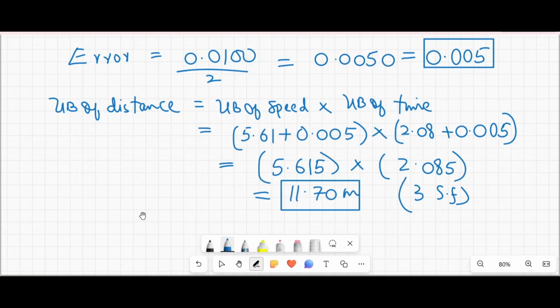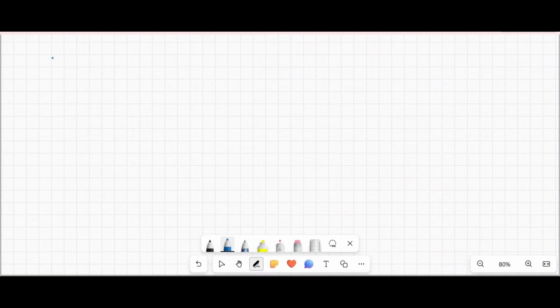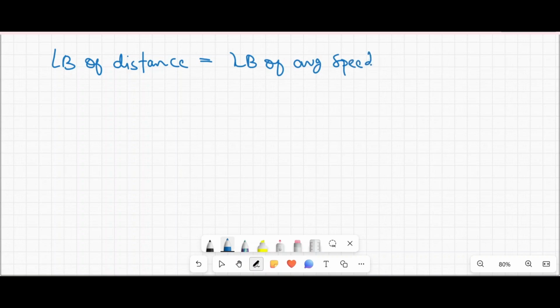So now the lower bound of distance. The lower bound of average speed into lower bound of time.